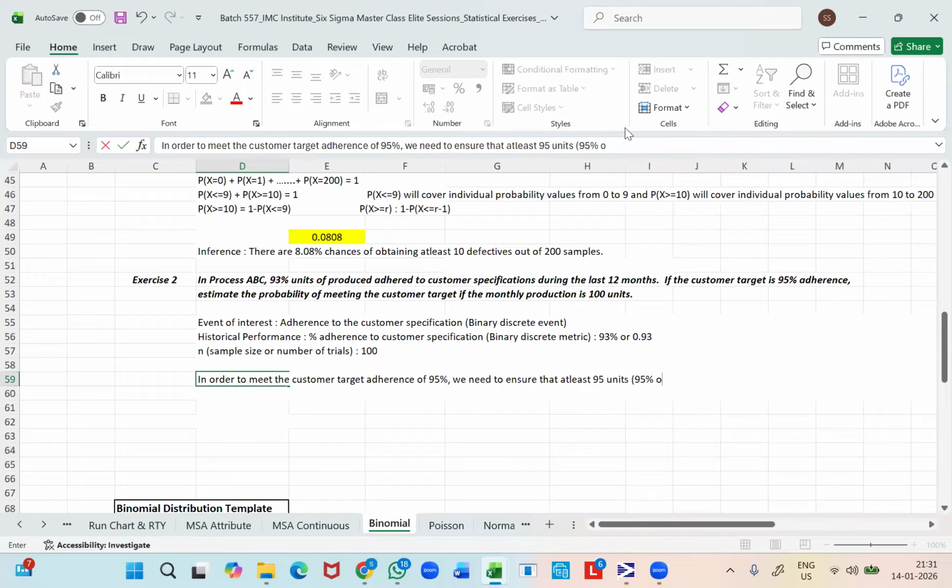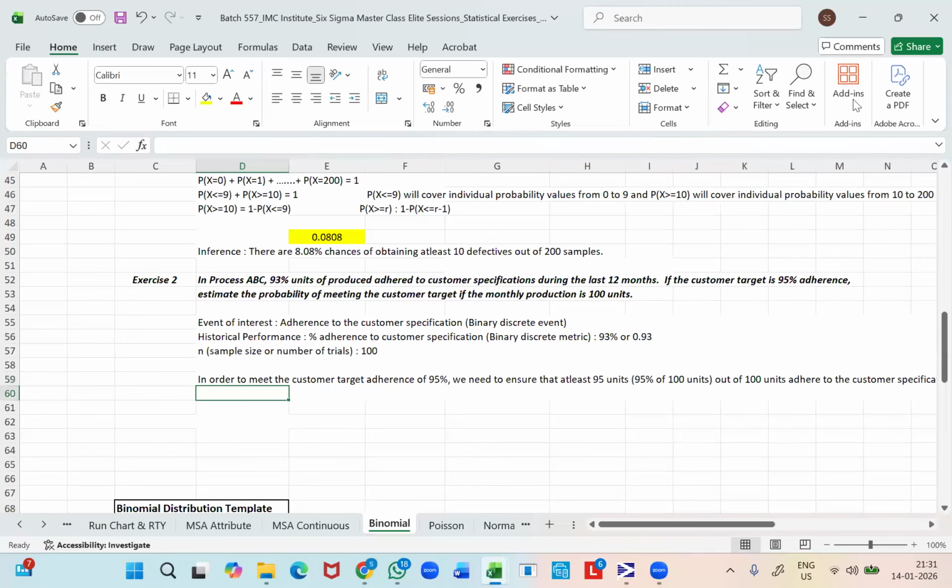This is 95% of 100 units. Right? So we need to find out the probability for at least 95.